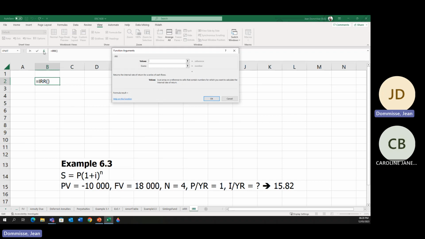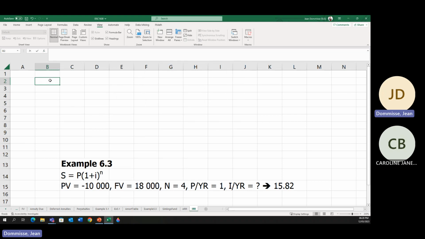Okay, so here, your values is an array of references to cells that contain numbers for which you want to calculate the internal rate of return. Okay, so you need a bit more information. So let's see if there is anything else.